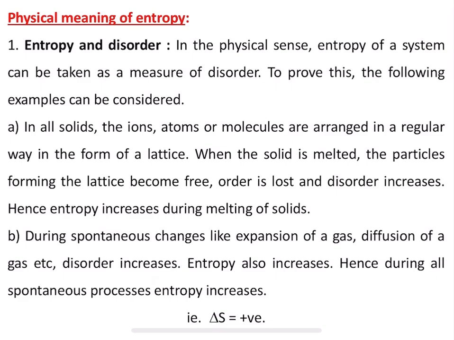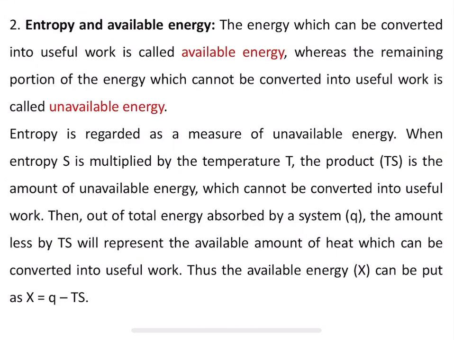When a gas at higher pressure is blown towards lower pressure, the gas molecules have more space to move, and order is lost. When order is lost, disorder and entropy increase. Hence during all spontaneous processes, entropy increases, that is, delta S is positive.